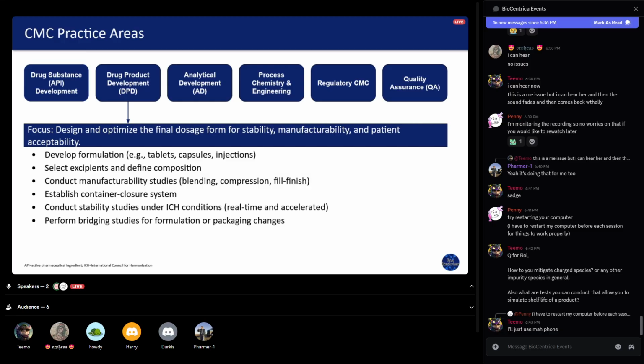And then the last thing would be these bridging studies for formulation or packaging changes. When I say a bridging study for formulation, that means if you, for example, have a large molecule and in the beginning you have an IV formulation. An IV formulation is actually very easy to do because you're just mixing it into like a bigger bag, let's say, of sodium chloride or glucose or dextrose, etc. But based off of feasibility, like if you want at-home administration, a lot of people go into subcutaneous, so under the skin formulations.